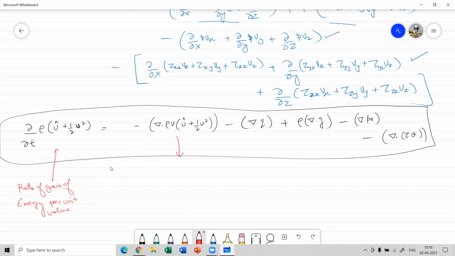This is the rate of energy input per unit volume by convective nature.